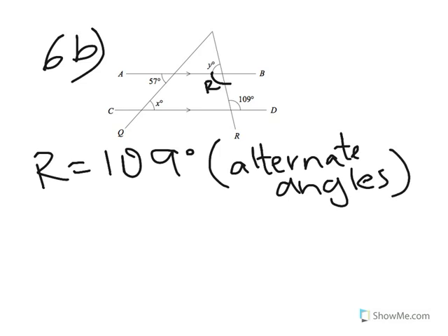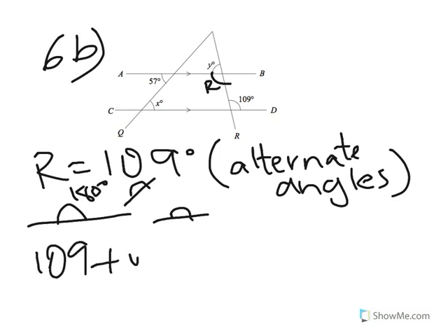So now that we know the value of R, and R and Y lie on the same line, anything that lies on the same line should be 180. No matter what direction the line is, it's always 180 degrees. So the sum of all angles on a line add up to 180 degrees. Since R and Y are the only two angles on the line, that means 109 plus Y should give me 180 degrees.